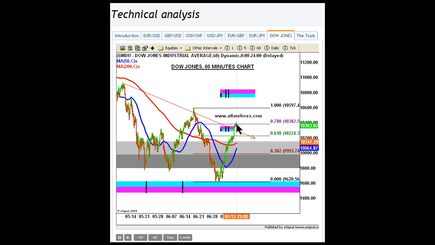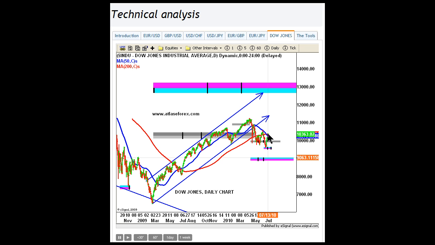If we crack here, different story. We should find a place to get energy to go higher. If we do it now, it means that this reaction, this rebound, did not stop yet. That was 60 minutes. This is 1 day. Yes, that's the point to watch.